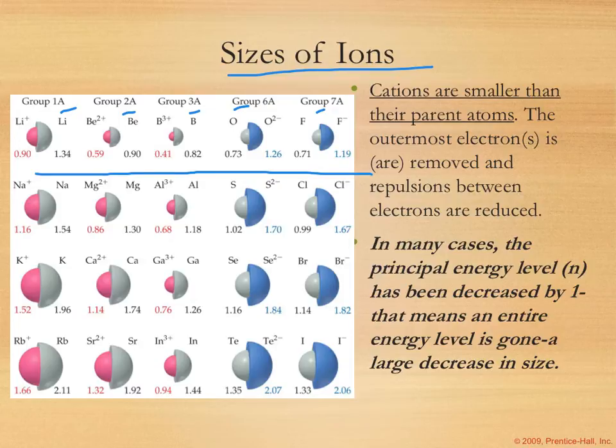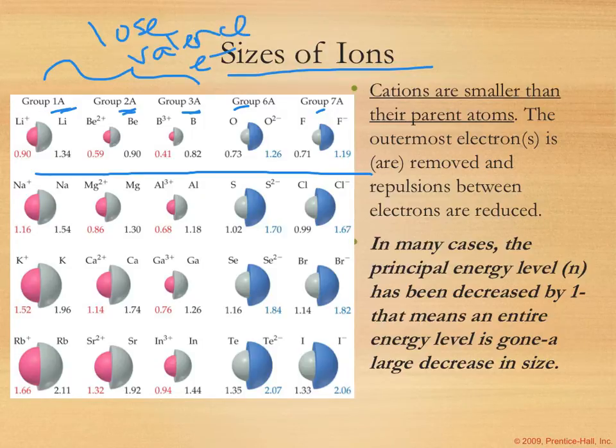So hopefully you remember when we talked about ions that group 1A, 2A, and 3A all tend to lose their valence electrons and become cations. Okay, so group 1A tends to have charges of +1, group 2A +2, group 3A as ions have charges of +3.